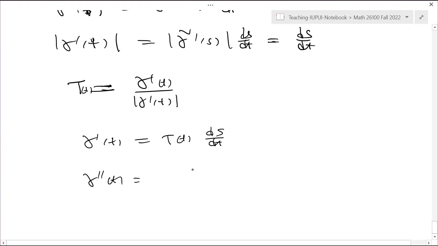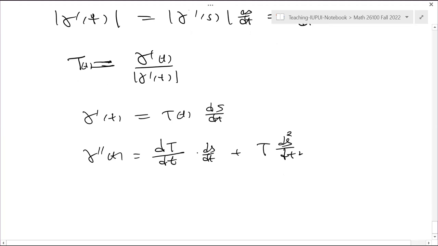So that is a derivative of dT. I'm going to change it to ds, that'll be ds dt, and then ds dt here.